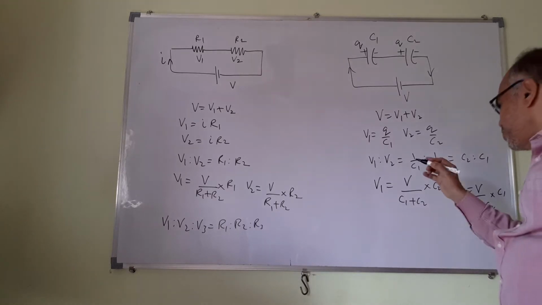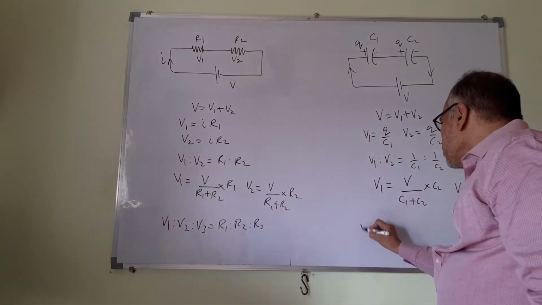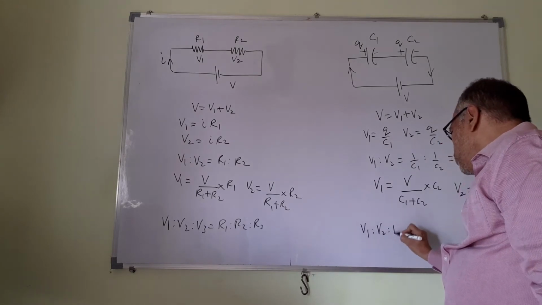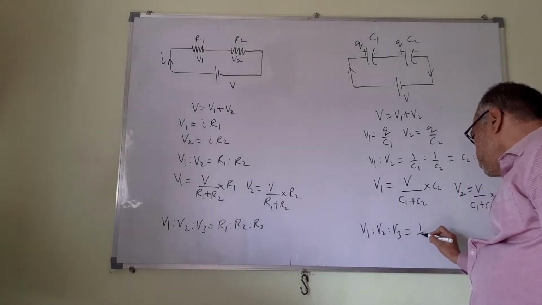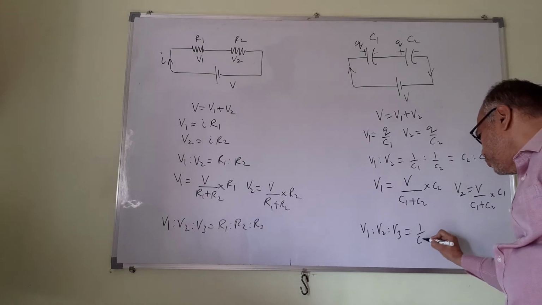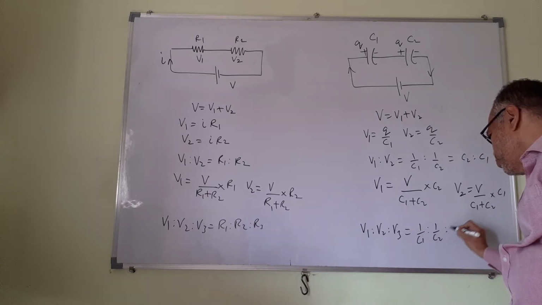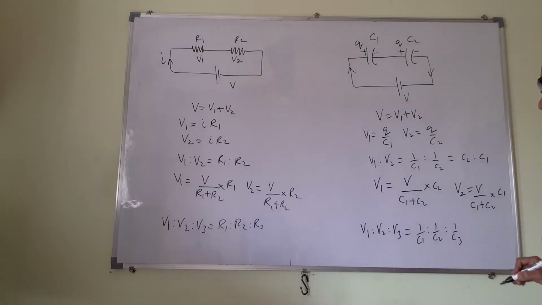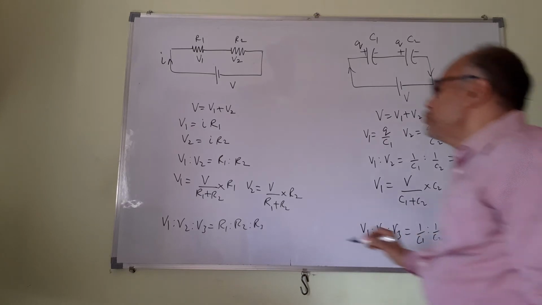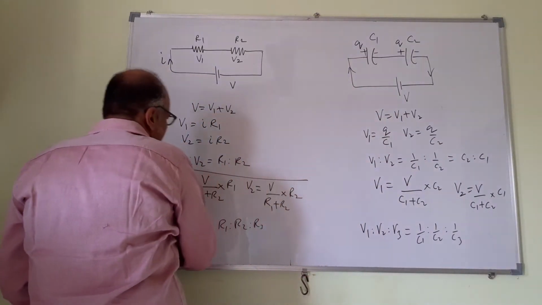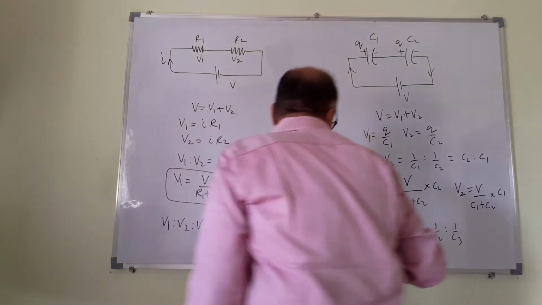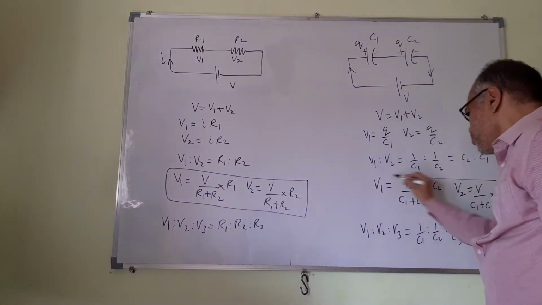Well, if there had been three capacitors, V1 is to V2 is to V3 would be 1 by C1 is to 1 by C2 is to 1 by C3. So we will use these results when we do the Wheatstone bridge.